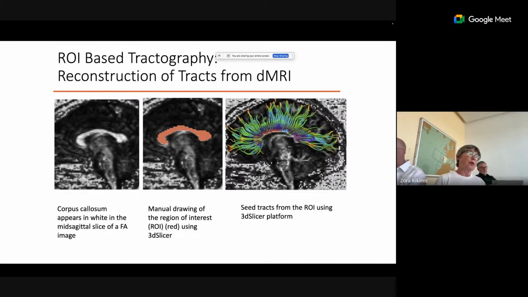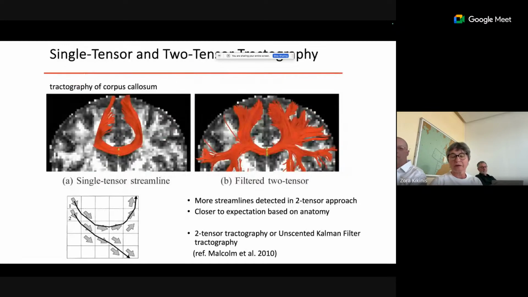And usually when people do that the first time, it's like, wow, it is amazing. It is pretty. 3D Slicer is amazing at doing the reconstruction of fiber tracts using single tensor.